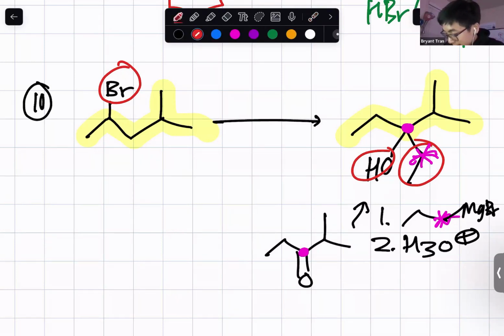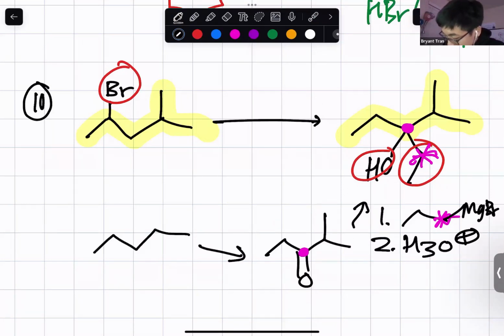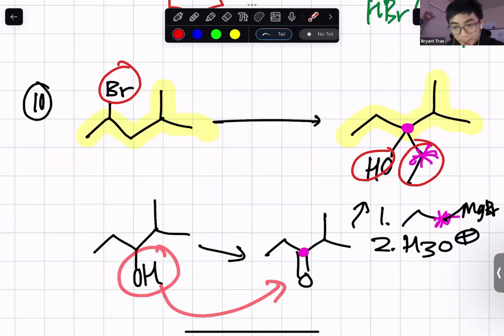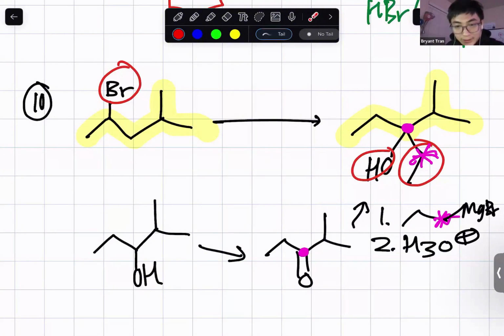But the way that I wanted you to do it was an alcohol, which is OH right here. Because what are we doing here with this alcohol? When we convert that alcohol to this carbonyl, are we oxidizing or are we reducing? Oxidizing, right? And there's two reagents you can use here. You can use Jones or PCC.